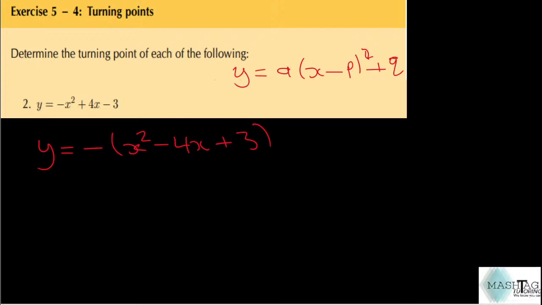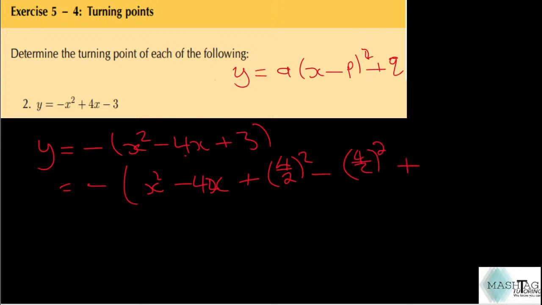So now from here, you still have that minus, so you're just going to take it down as is, come down here, put x squared minus 4x, which is the steps that we were following in the previous examples. So you add a 4 over 2 squared, because remember, you're taking this and dividing it and squaring it, right? Subtract it again, 4 over 2 squared, then you plus 3.